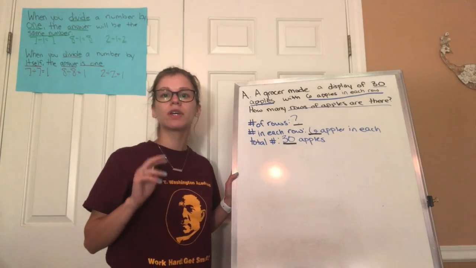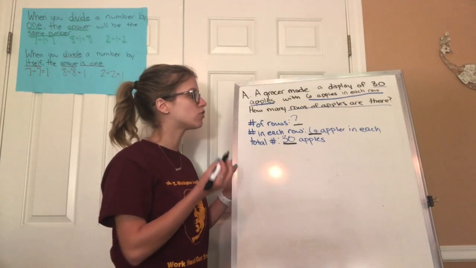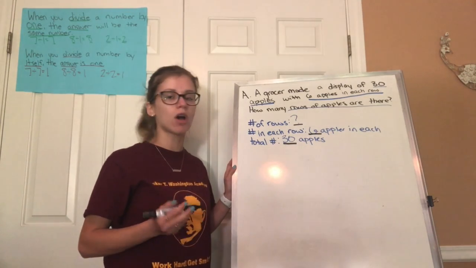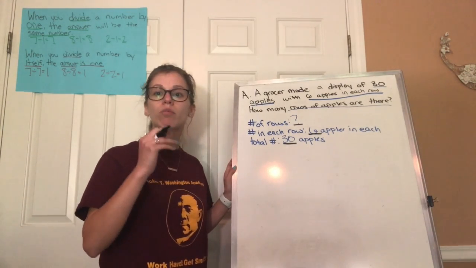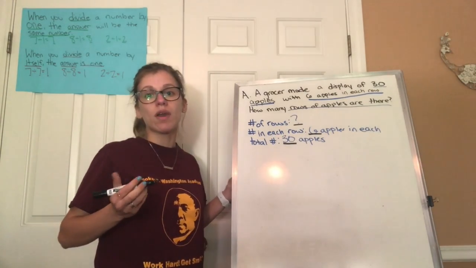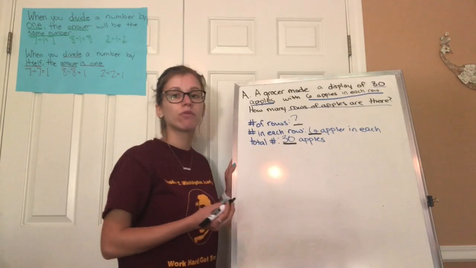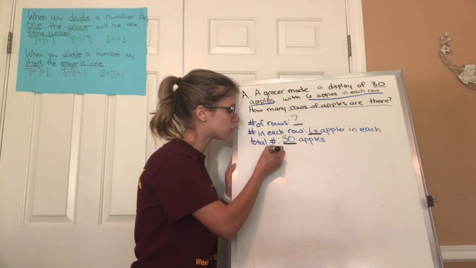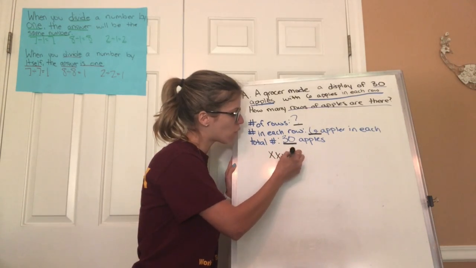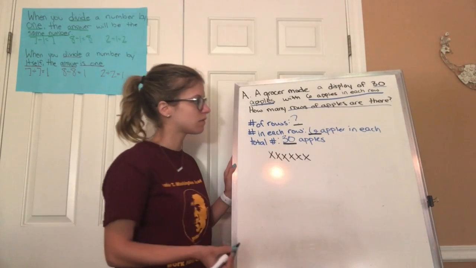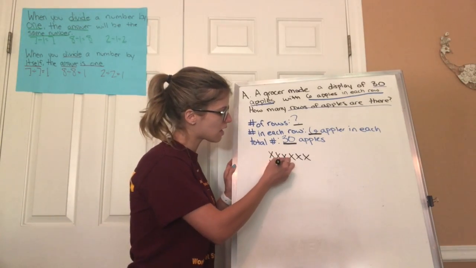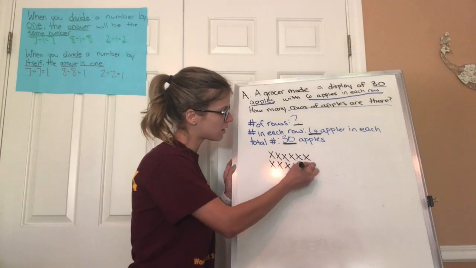So without even writing an equation yet, I'm going to think about how I can draw this. I know that there are 30 apples total with 6 in each row. So I'm going to break up 30 into a certain number of rows that I don't know yet, and see how many rows I can make. This is row 1, 2, 3, 4, 5, 6, 7, 8, 9, 10, 11, 12.